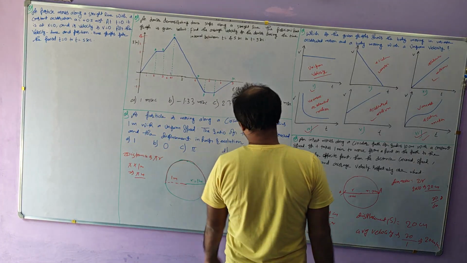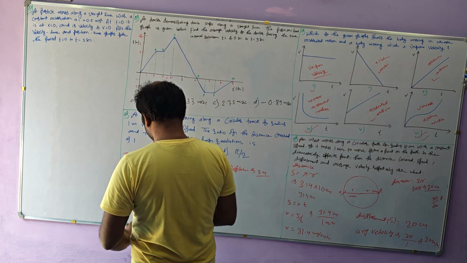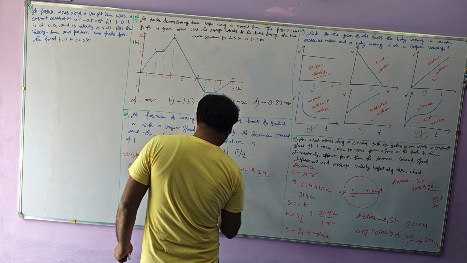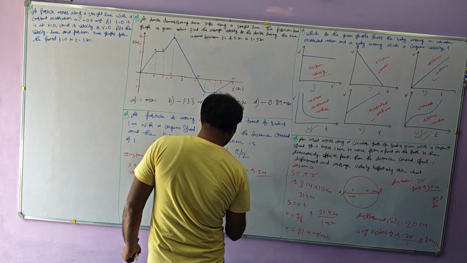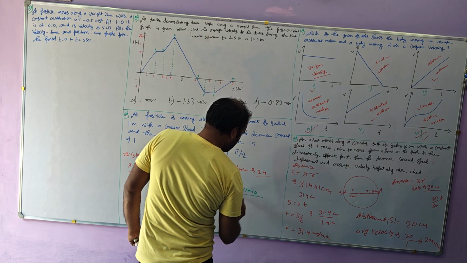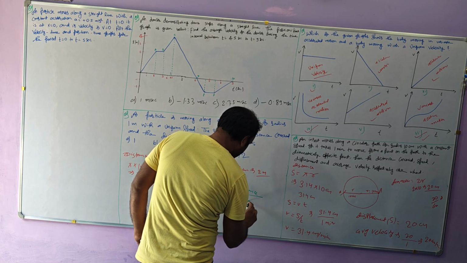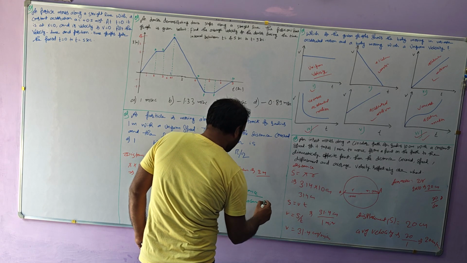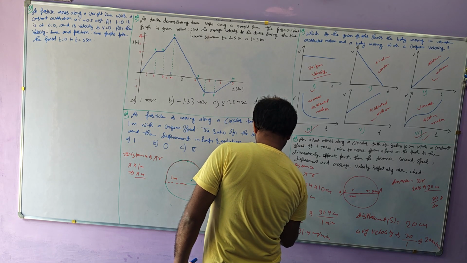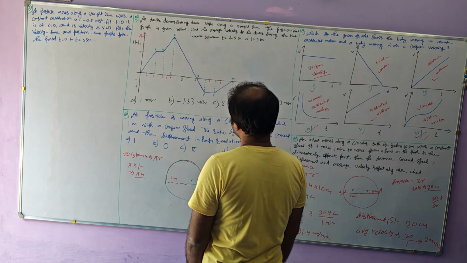And we need to find the ratio of distance covered and displacement. Then the ratio becomes distance upon displacement, that becomes pi upon 2. That is our answer. Pi upon 2.